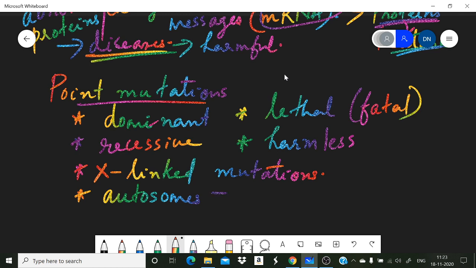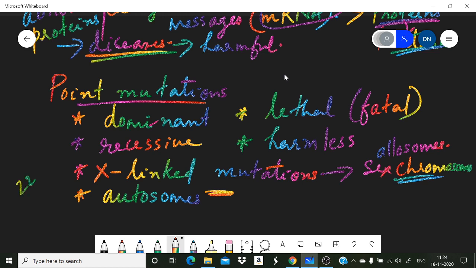Sex-linked mutations affect the sex chromosomes or allosomes, and autosomes are not the sex chromosomes. Autosomes are located in the normal body cells, not in the sex cells. So 22 pairs of autosomes and one pair of sex chromosomes, allosomes, are present in human beings.